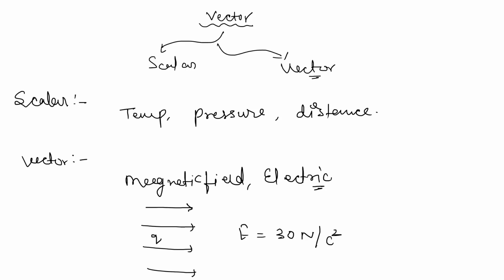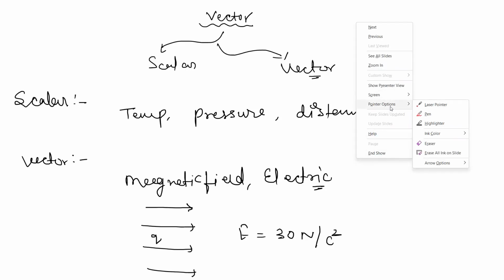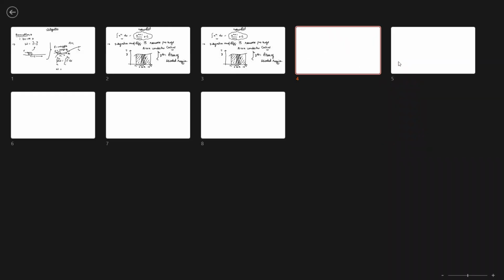Now move to the representation of a vector, which is quite easy. A vector can be represented simply by an arrow.